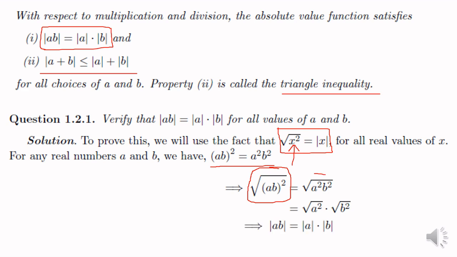And square root of A square B square, you can write as square root of A square into square root of B square. That is a property of square root. And square root of A square is modulus A, and square root of B square is modulus B. So we get this result, modulus of AB is equal to modulus A into modulus B, whatever be the values of A and B.